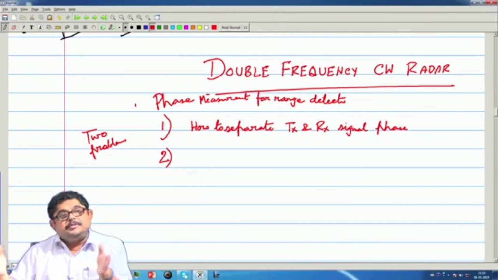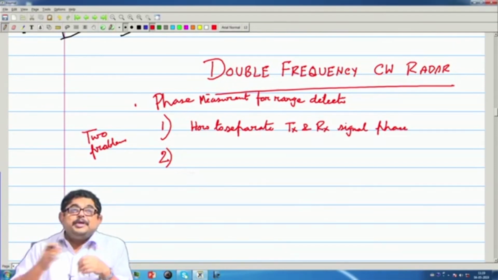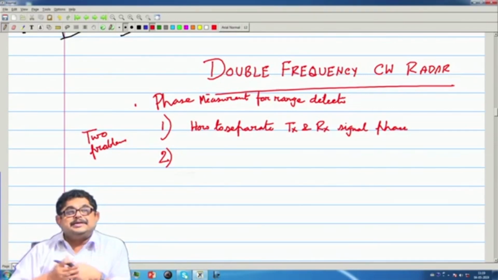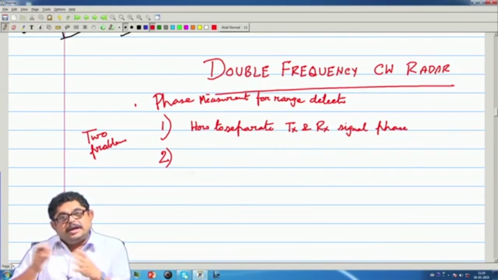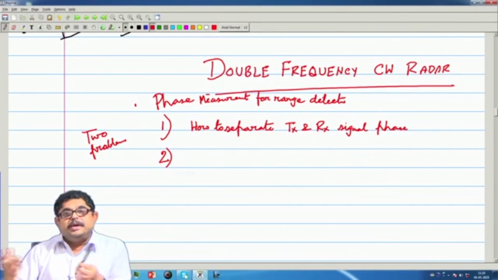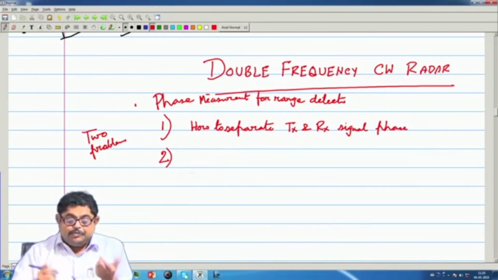So, phase measurement should be restricted to a 2 pi duration. So, if range is proportional to phase, range will also get restricted, and that is true. We will see that there is only very short length, actually it is almost some lambda by 2 or something. So, that is not useful, but we will see how people have overcome these two problems.